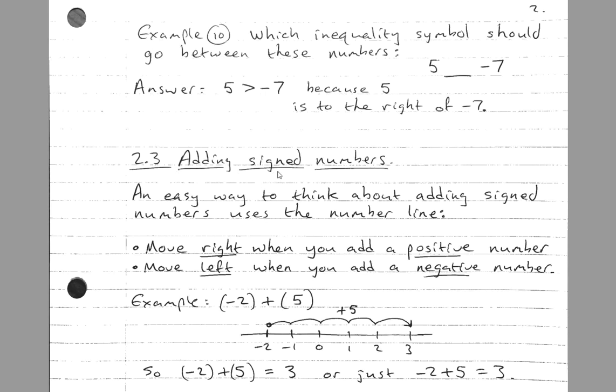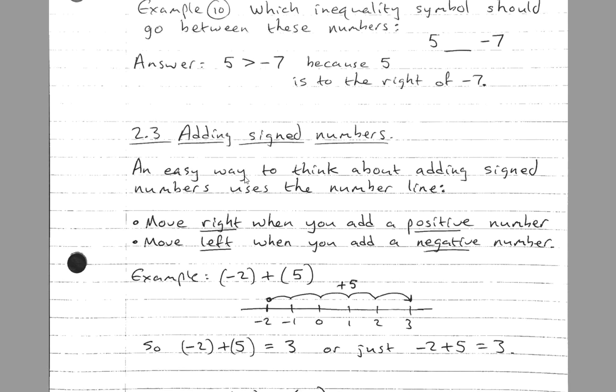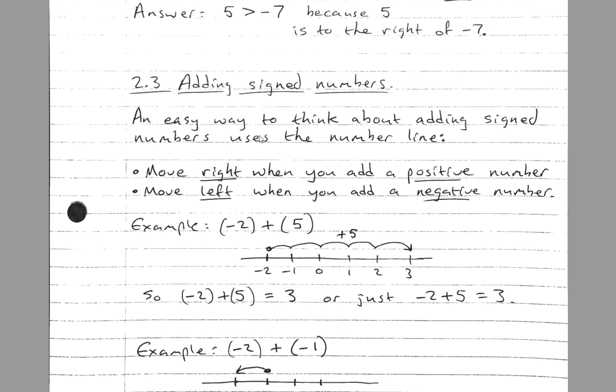So now, adding signed numbers. On the number line, a nice way to think about adding signed numbers is like this. We saw this already in chapter 1. You're moving to the right when you add a positive number, but if you add a negative number, then you're moving to the left.